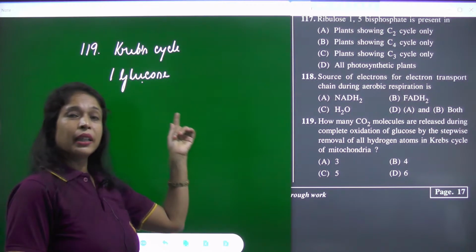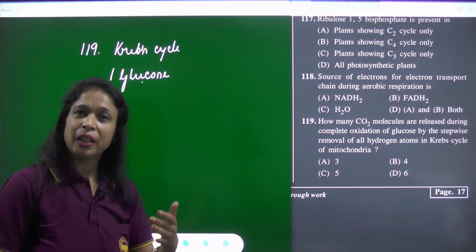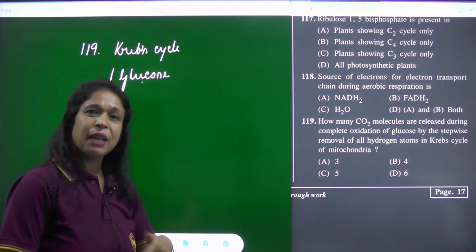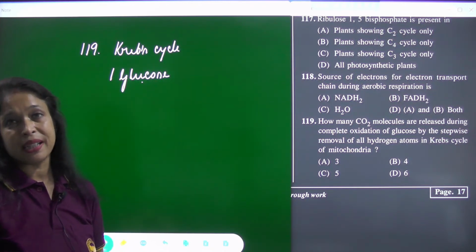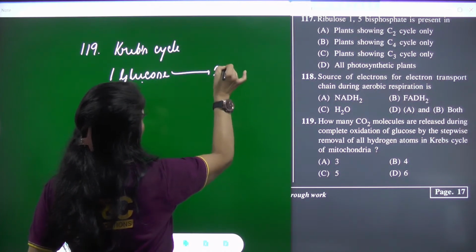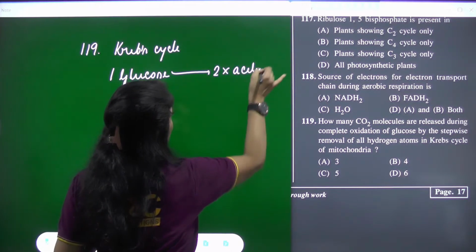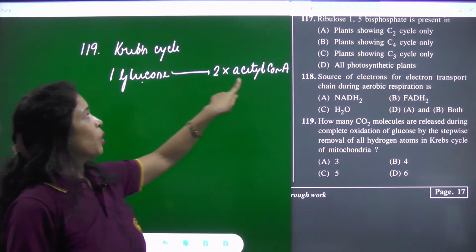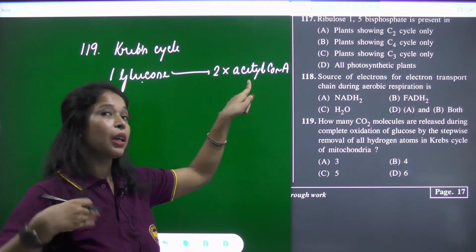Now students, we learned that before Krebs cycle, link reaction occurs, and during the link reaction, one molecule of glucose is oxidatively decarboxylated into two molecules of acetyl coenzyme A. And these two molecules of acetyl coenzyme A will enter the Krebs cycle for complete oxidation.